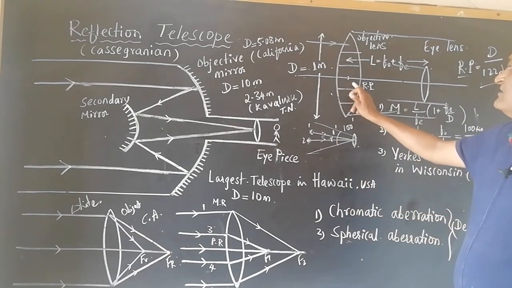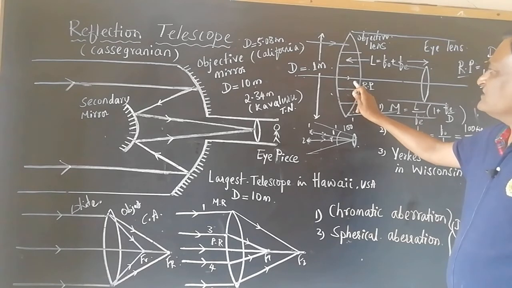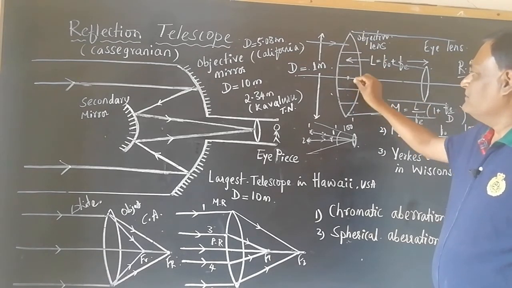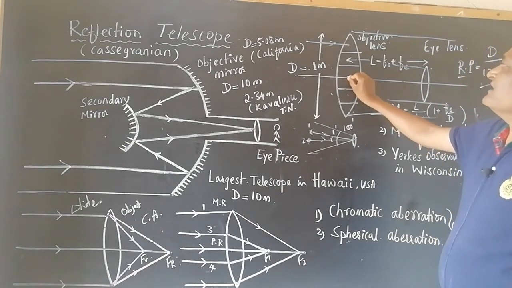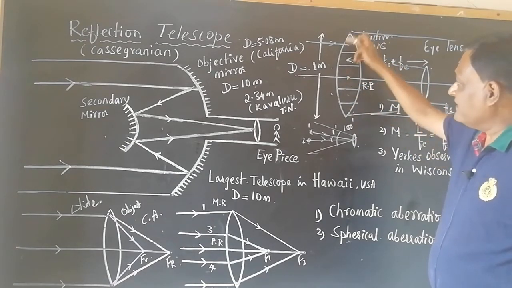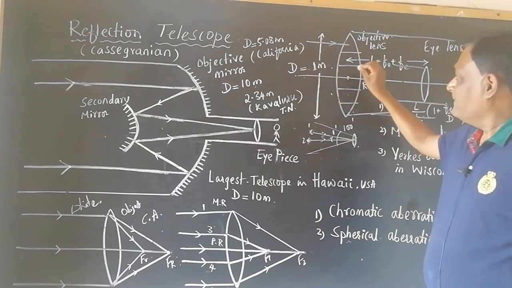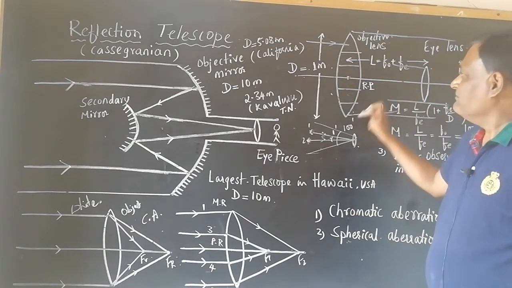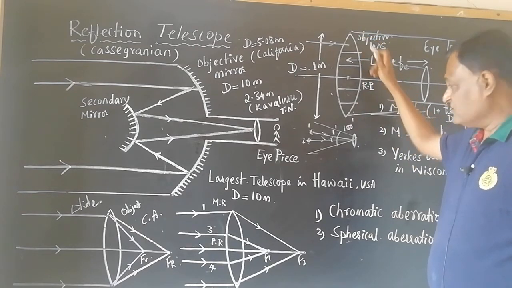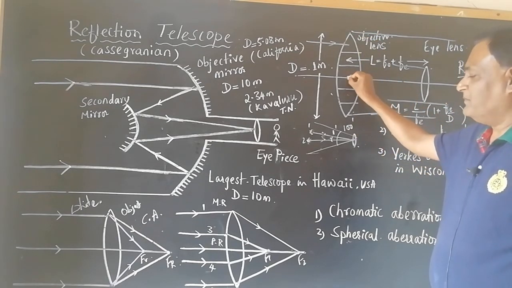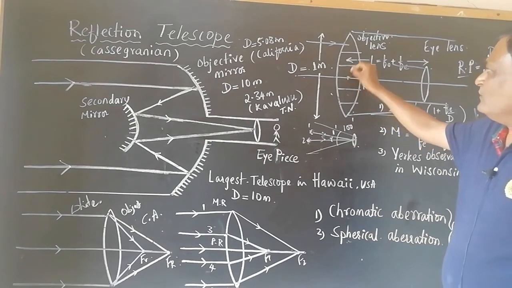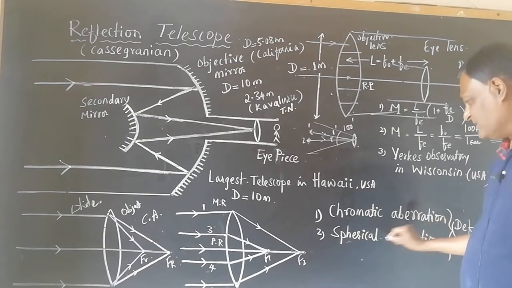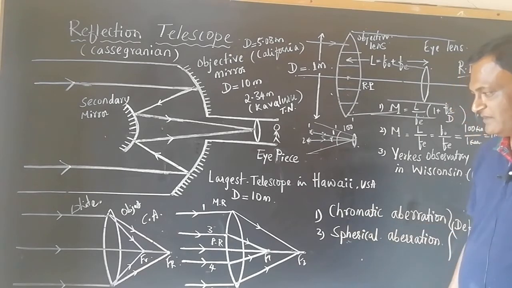So it has many disadvantages. One is that the manufacture of such a thick lens is a practical difficulty. Secondly, mounting of such a heavy and large objective convex lens on its rim, over the edges of the lens, is a practical difficulty. Along with this, it develops two types of defects: one is chromatic aberration, the other is spherical aberration.